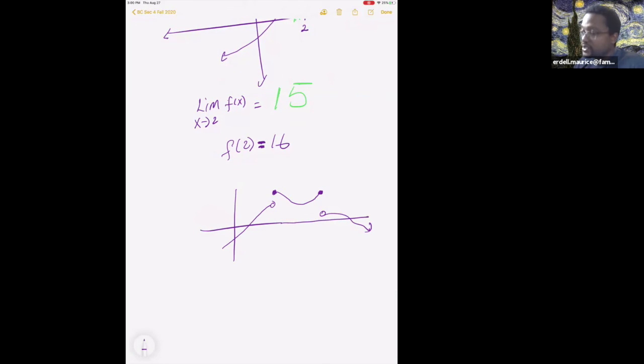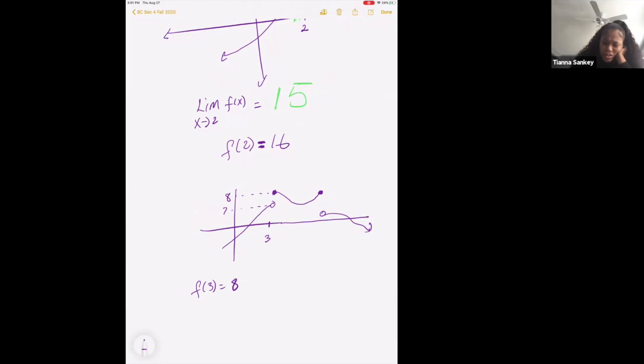If I have this right here as 3, this right here is 7, and this right here is 8, and I ask you for f of 3, the answer is going to be 8. You go to the closed circle. So what's the point of the open circle being there at all? Because I'm trying to show you that the graph has what's called a jump. The graph has a sudden change in value.